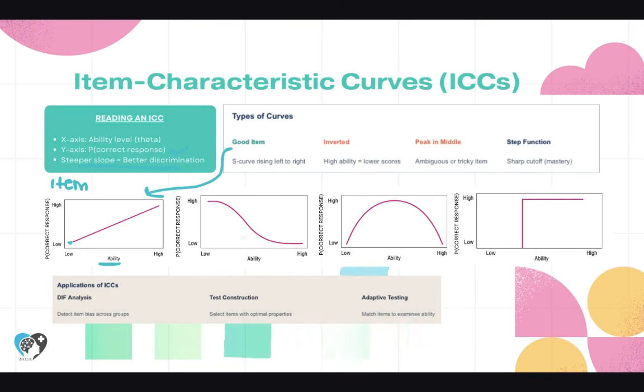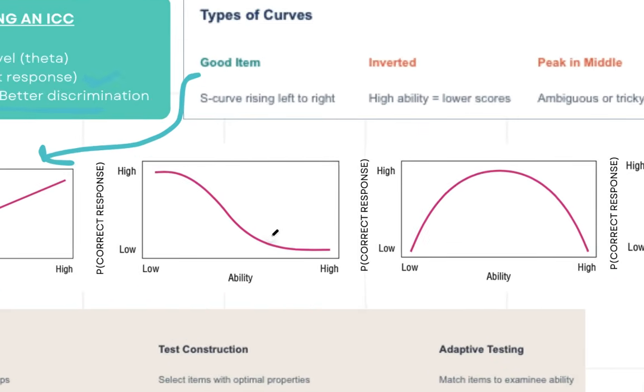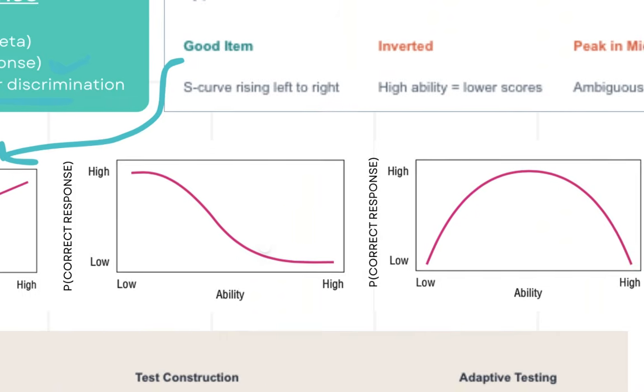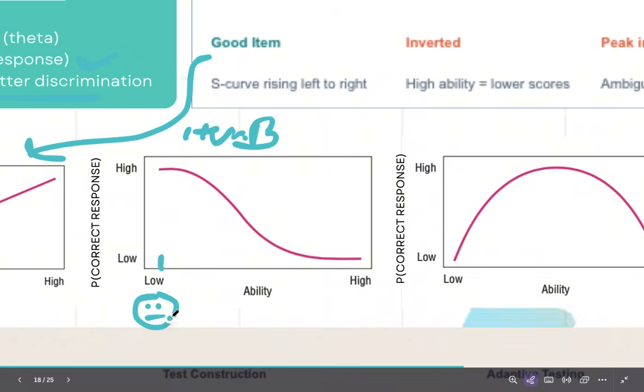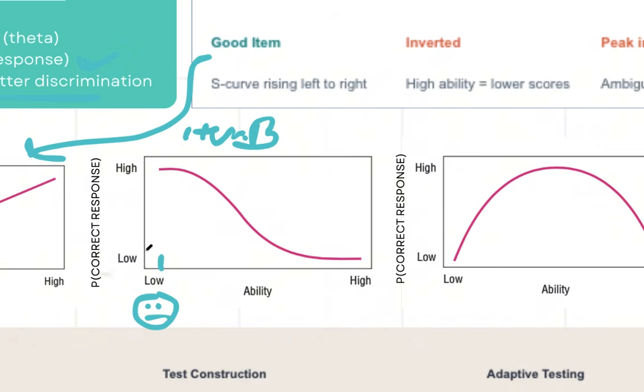Now look at this graph right here. If a person has a low intelligence score, and then takes this item, say item B, that person has a big chance of getting a correct response to the item.